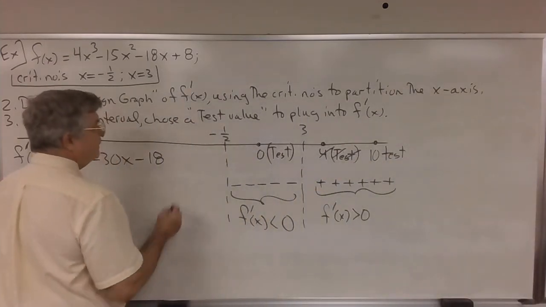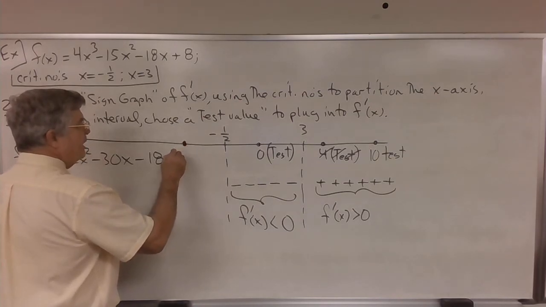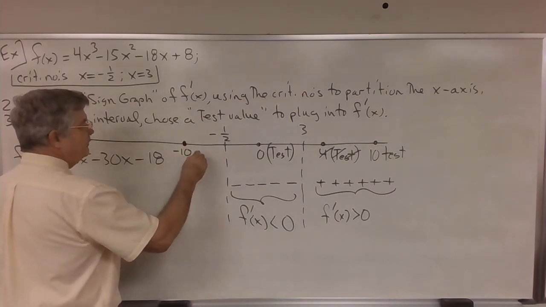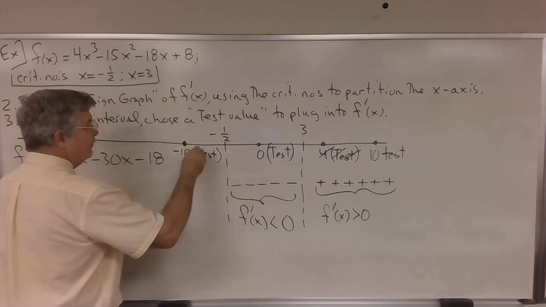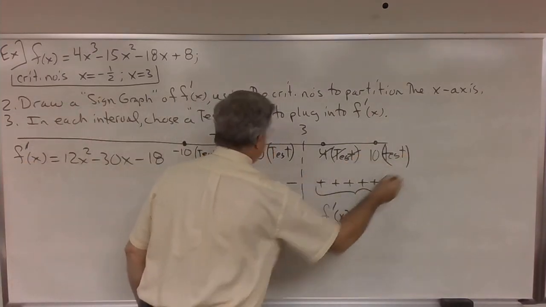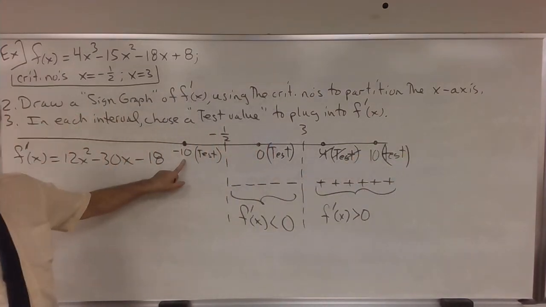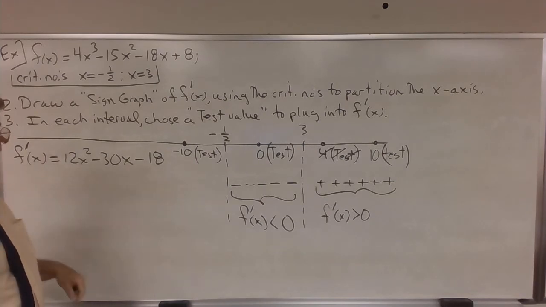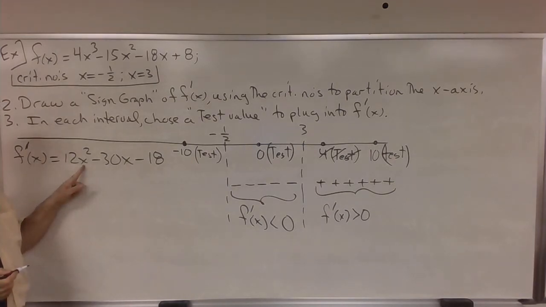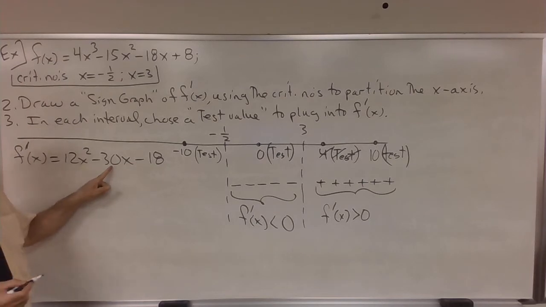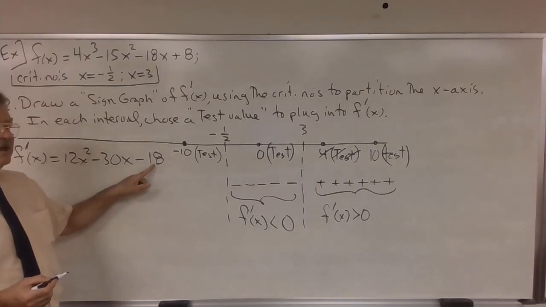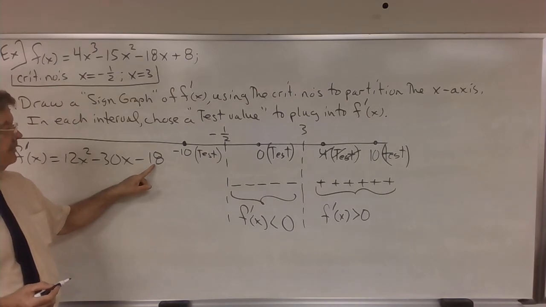And, what the heck? I'm on a roll. Let's pick negative 10 as a test value. Negative 10 is an easy number to square too. Negative 10 squared is 100 times 12 is 1200. Plus 300 is 1500. Minus 18 is 1482.